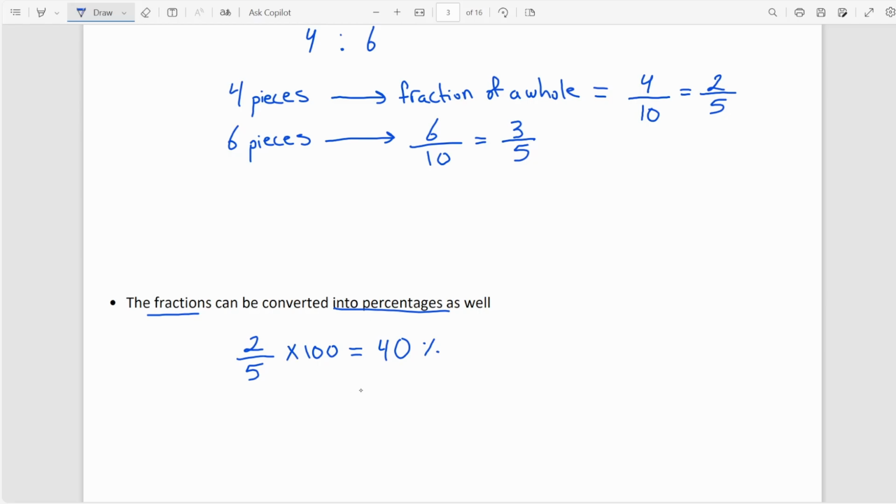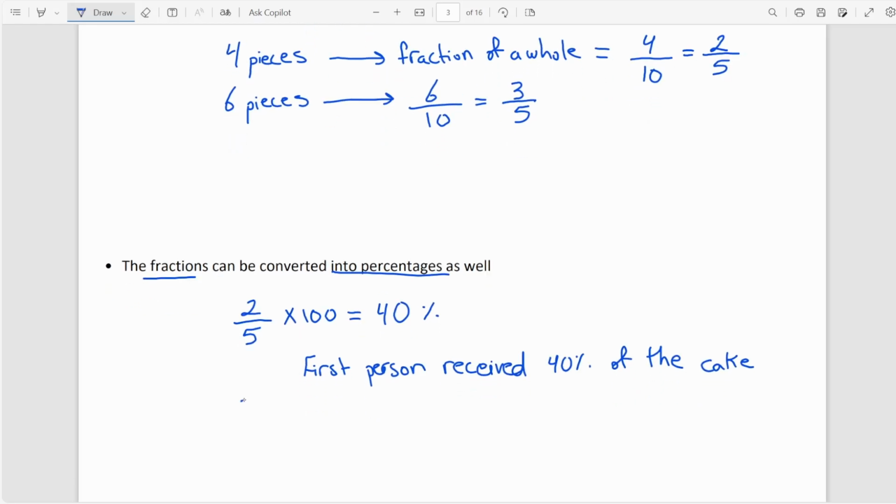So we can say that the first person received 40% of the cake, right? And the second person, I have 3 over 5, also multiplied by 100, and we get 60%.